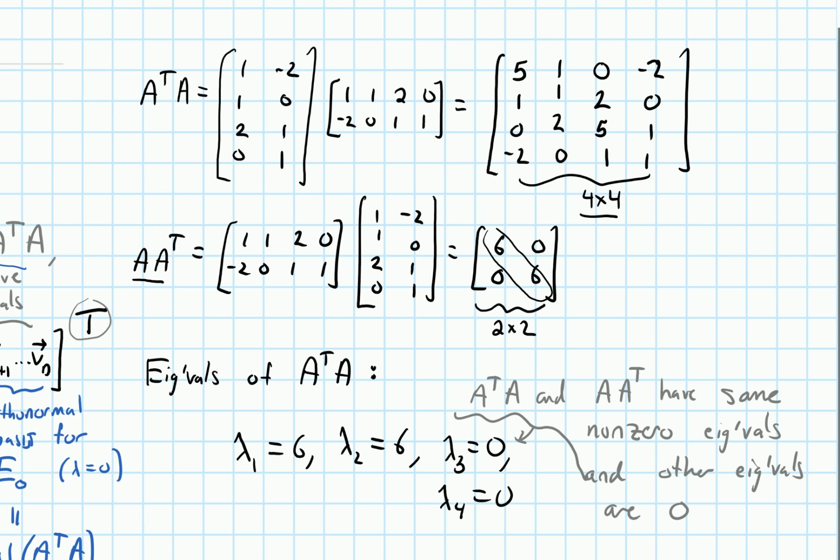So just to reiterate one more time, this was useful because if we tried to find the eigenvalues of A transpose A directly, we'd end up having to find the eigenvalues of this 4x4 matrix, and that was a lot more complicated.